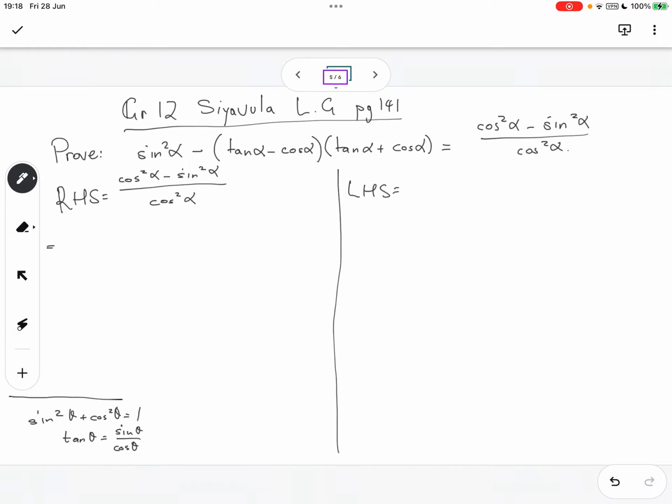So I'll just put that there as a side note. Looking at the bottom here, if we make cos squared the subject of the formula, we get 1 minus sine. So we can have cos squared alpha minus sine squared alpha over 1 minus sine squared alpha.